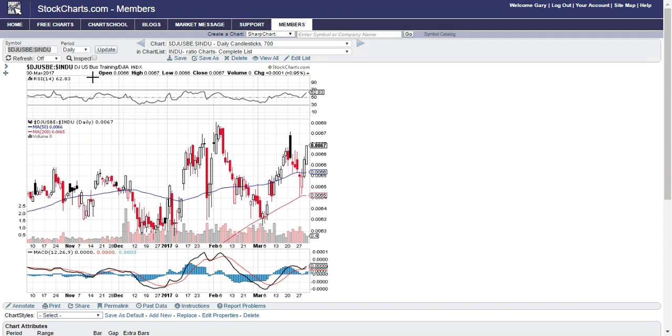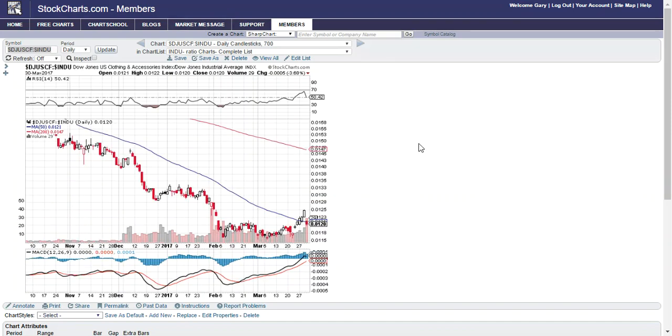Business training sector, U.S. Dow Jones business training sector, it caught a bid today, and this gives you an idea how it's comparing to the industrials. This one here is a sloppy chart. Today Lululemon really took down the retail apparel space, and you see what happened here.